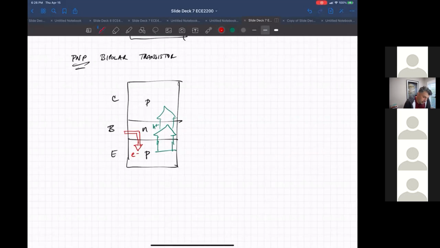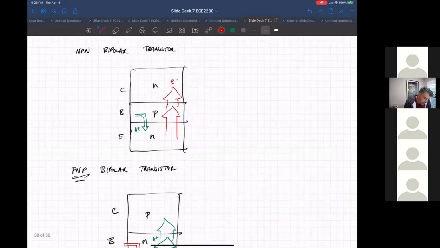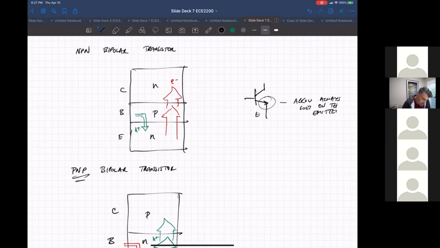And the drawing is a little different. This is the schematic of an NPN transistor. The arrow always goes on the emitter. So this is emitter, base, collector.